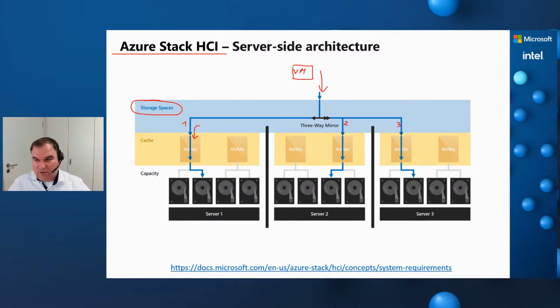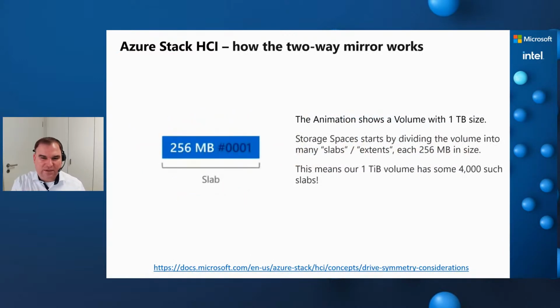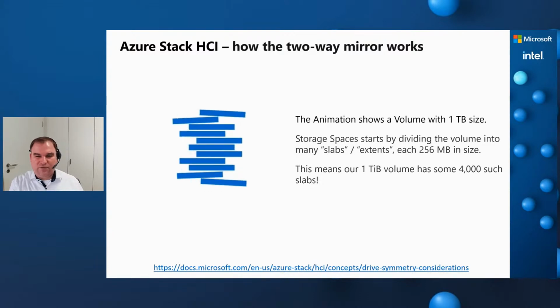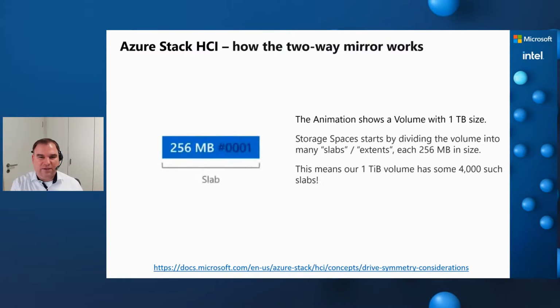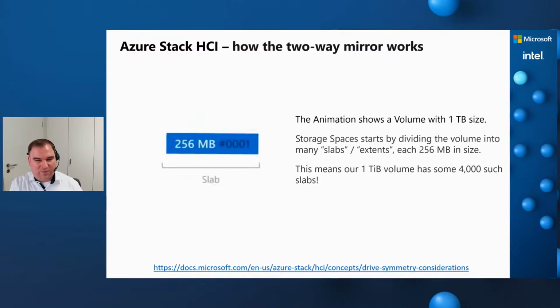How does this work? The data distribution. When we create volumes, Azure Stack HCI cuts these volumes in smaller pieces, and these pieces have a size of 256 megabytes. These are the extents or the slabs.